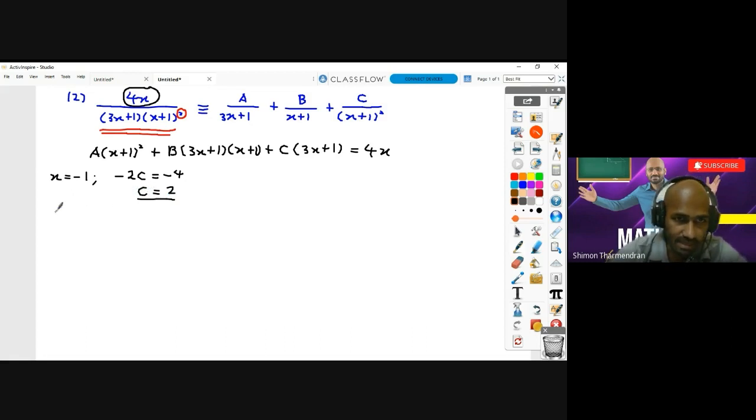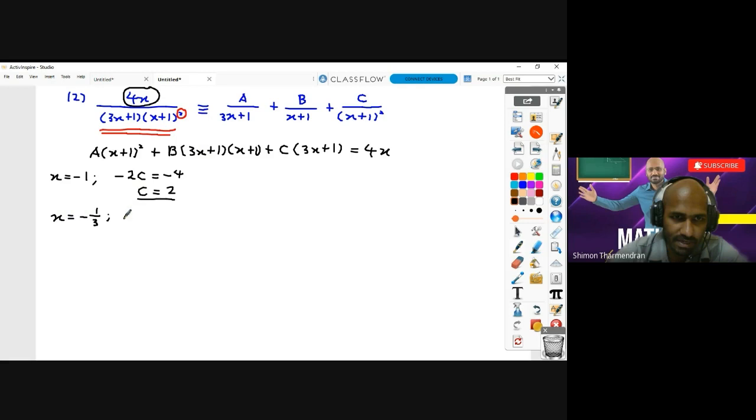And then I also can kill off another term by letting x equal minus 1 over 3. Because when I put in minus 1 over 3, my B will disappear. Minus 1 over 3 times 3 is minus 1. Minus 1 plus 1 is 0. 0 times anything is 0. So B goes away, C goes away, my A will be there.